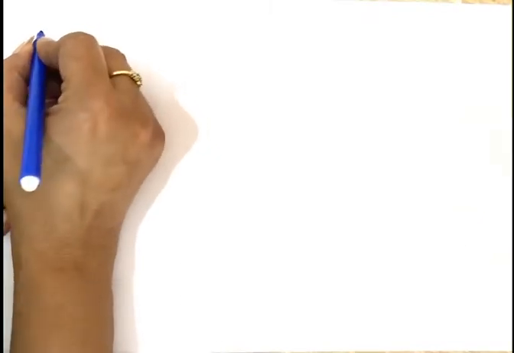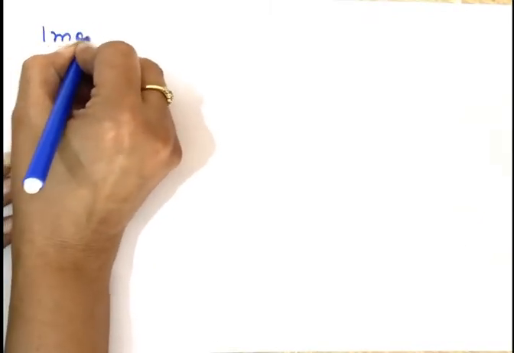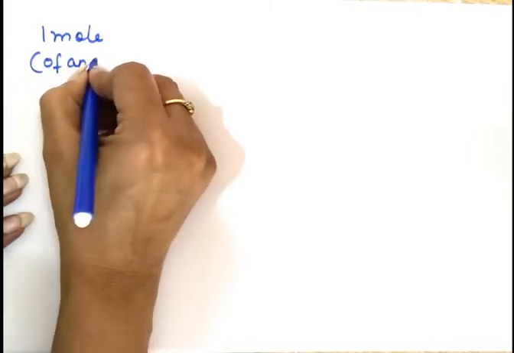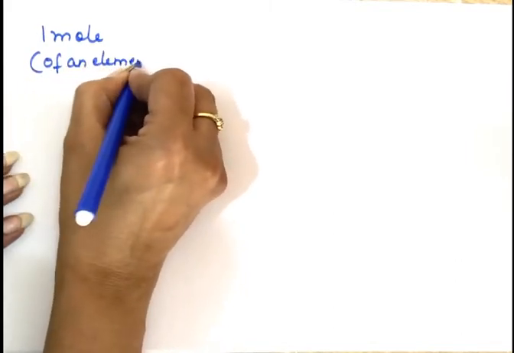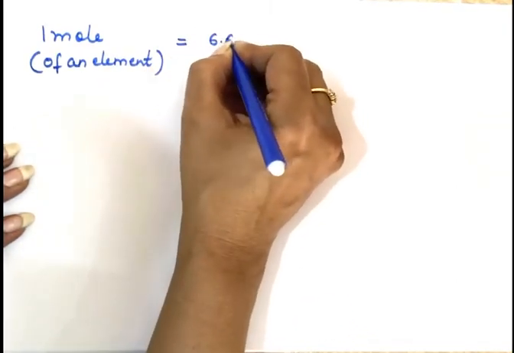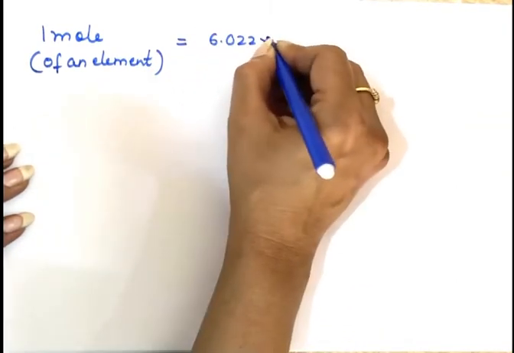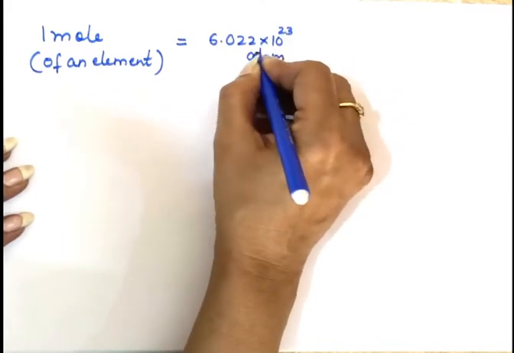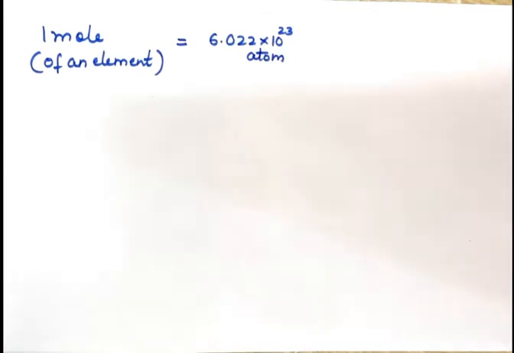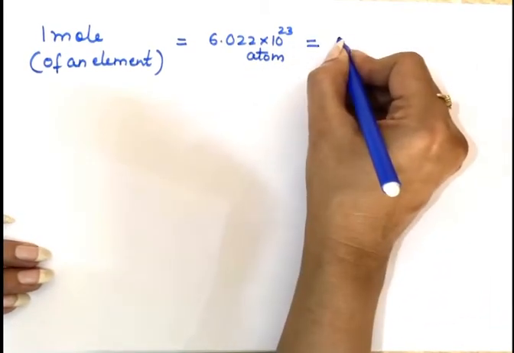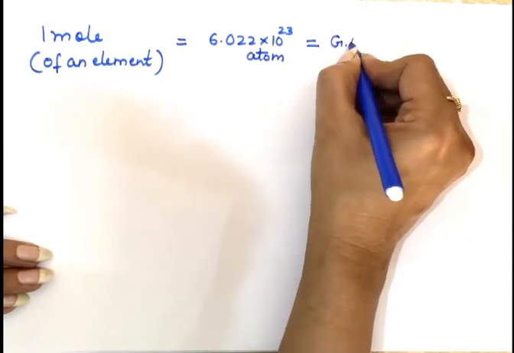Now I'm combining the whole mole concept. I'm writing 1 mole of an element. If we are talking about 1 mole of an element, that means in that there are these many number of atoms. Any element of which 1 mole we take, there will always be these many number of atoms in it, and the mass of these many number of atoms is known as gram atomic mass.